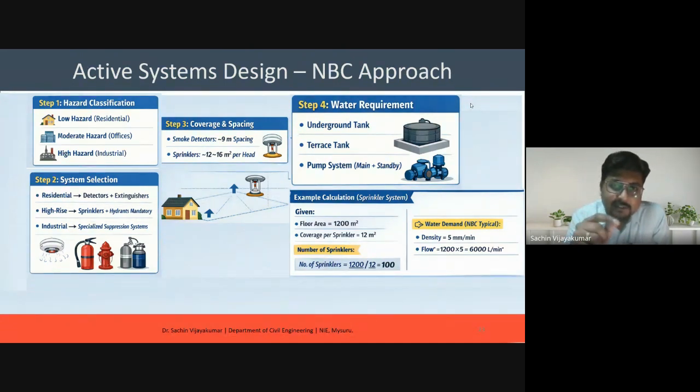Under these circumstances, it gives the number of sprinklers required, the number of extinguishers to be added, or the hydrant system or pressurized hydrant system that has to be selected. There is a small calculation that we have to do: the number of sprinklers required and the water demand, as I have added here. Only by doing these calculations can we get most of the required active safety systems.